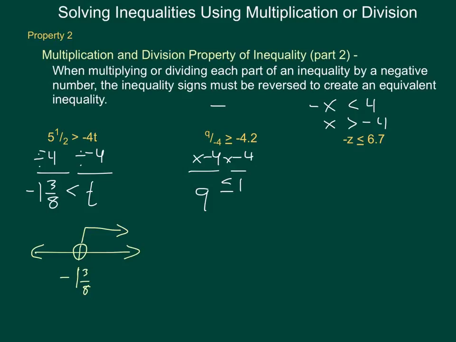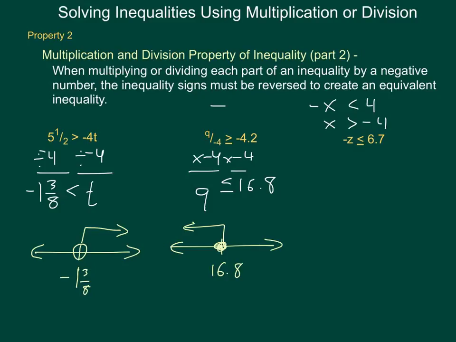Multiplying these, I get 16 8/10. So, on my number line again, 16 8/10. Fill in the circle at that point, and I want numbers that are less than it, so I'm moving to the left.